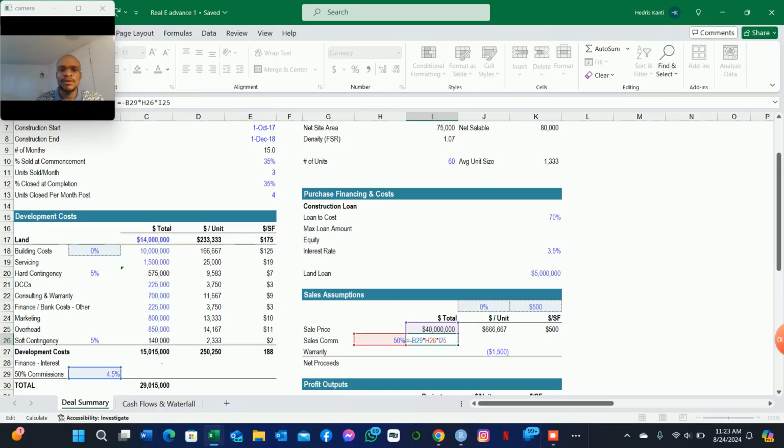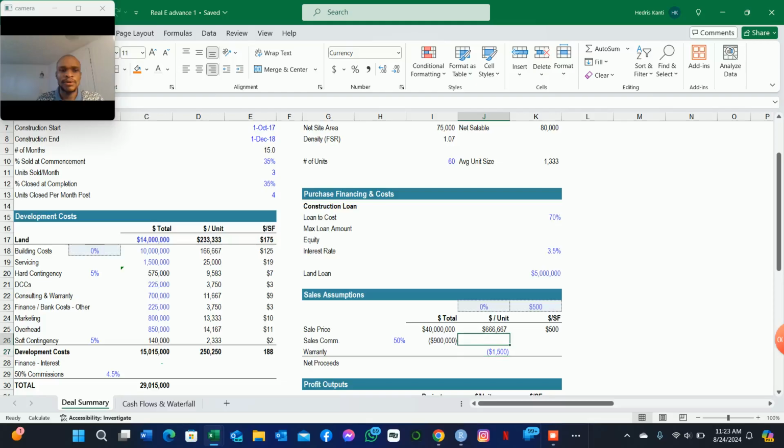Since we want to account for the net profits, that is the gross profit after sales, now we're going to take this number for per square foot and per unit basis. So we divide it here by the total number of units, and then we divide it by the average unit size for per square foot in this case.